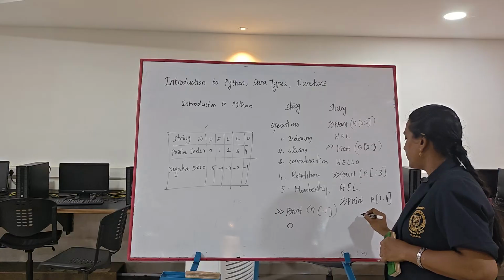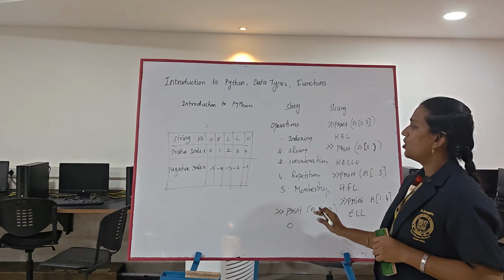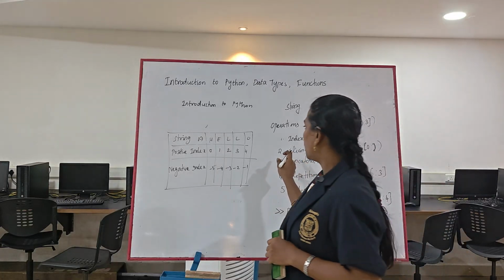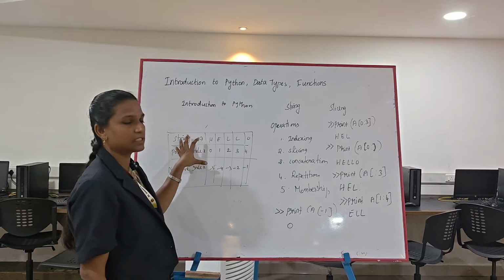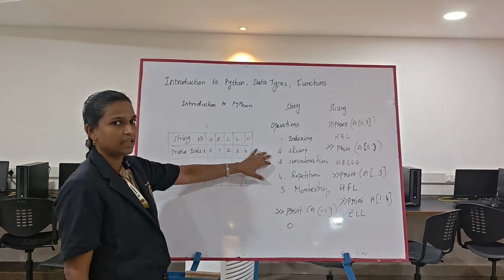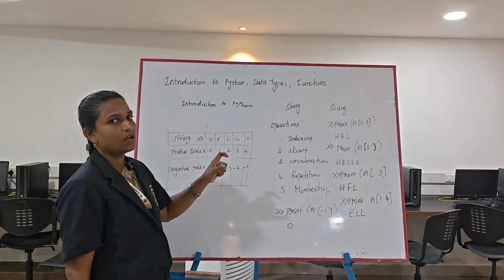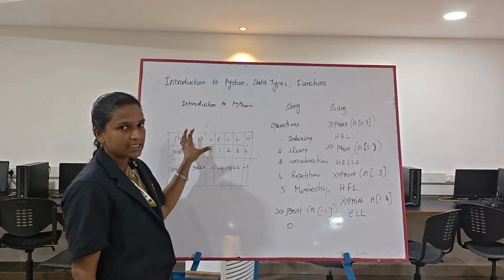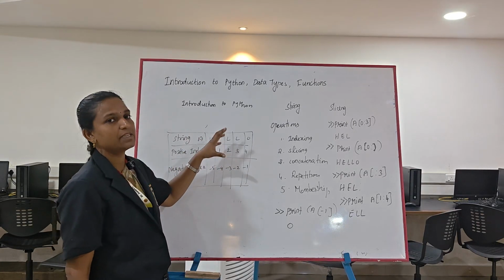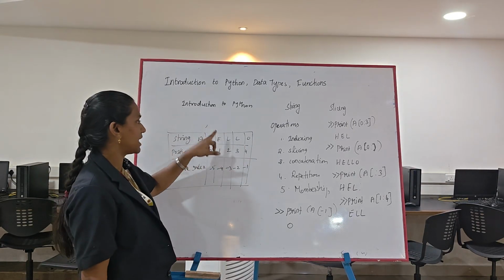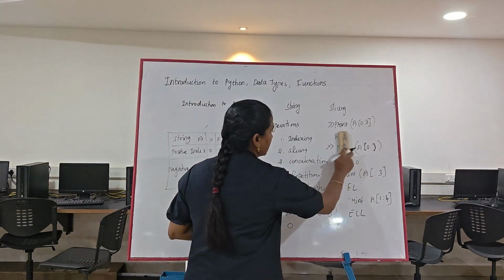So in slicing, we take a part of the string, a segment of the string. In indexing, we can access a particular character. Next one, concatenation. We will see an example for concatenation.